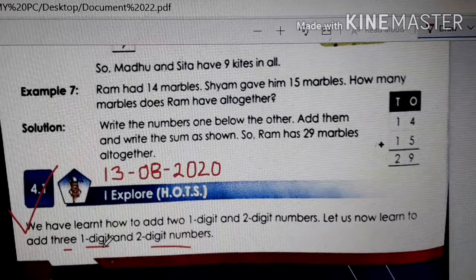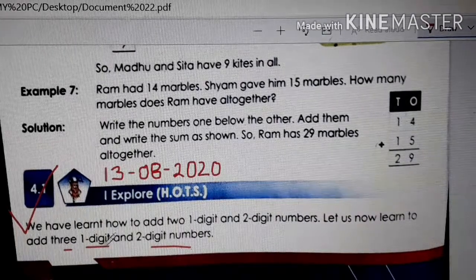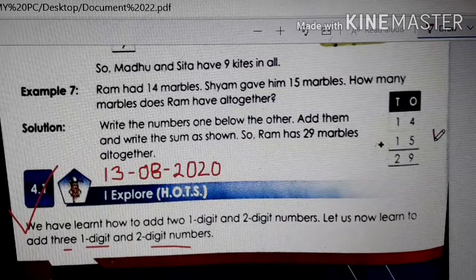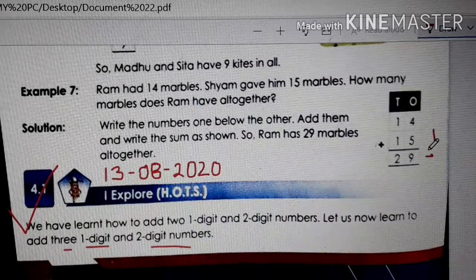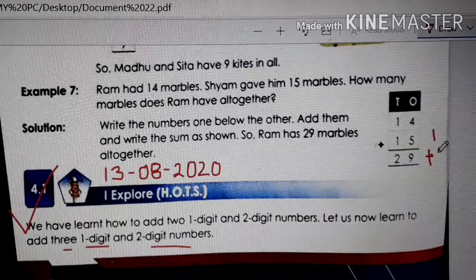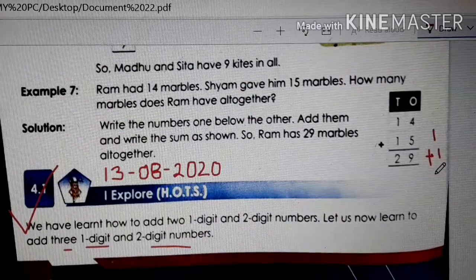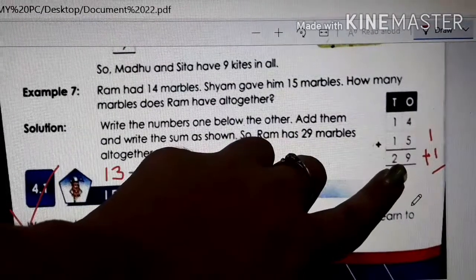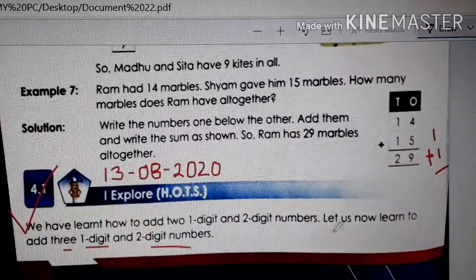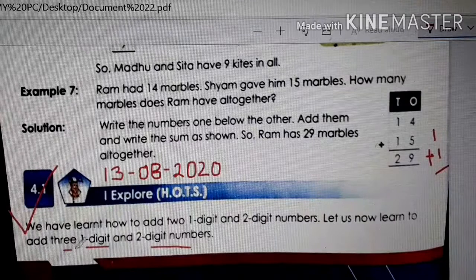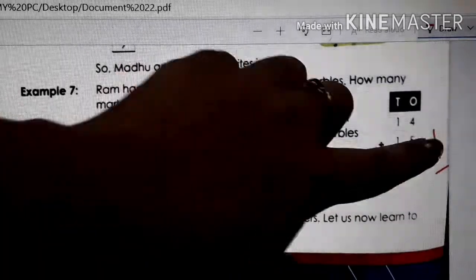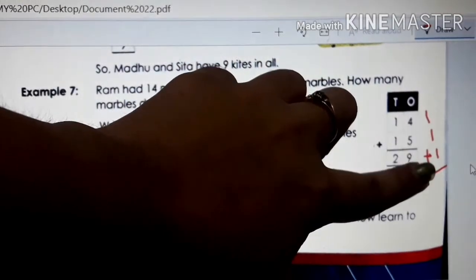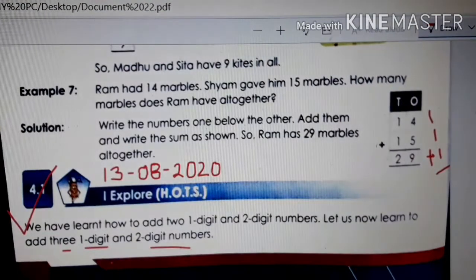As we already know how to add one digit and two digit numbers, it's like we know that 1 plus 1 gives you what? This is a one digit number, and this is your two digit number. Today we will go with three one digit numbers. That means there will be three one digit numbers. Is it clear? So let's start.